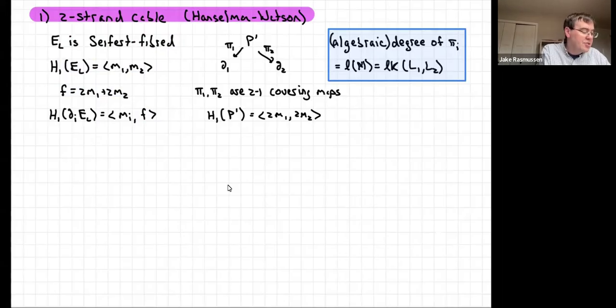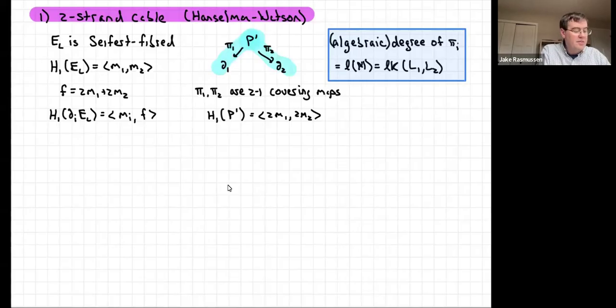But it turns out that this P prime here is just a 2-to-1 cover of the torus. So it is itself a torus, but now with two punctures, and it maps 2-to-1 to either of these two boundary components by a covering map.